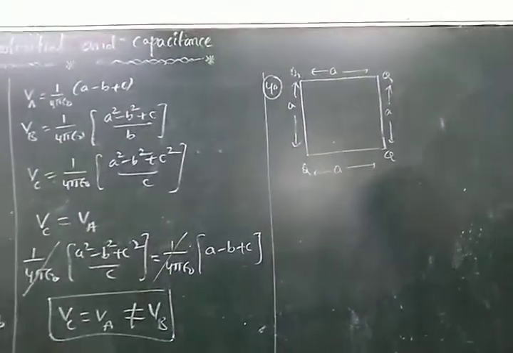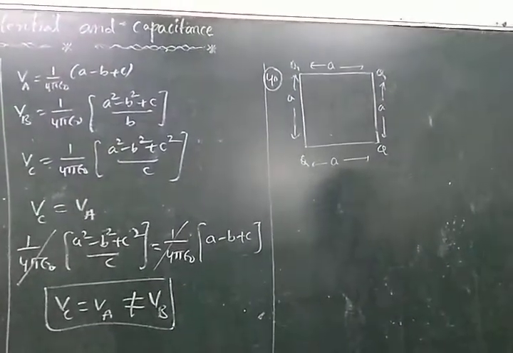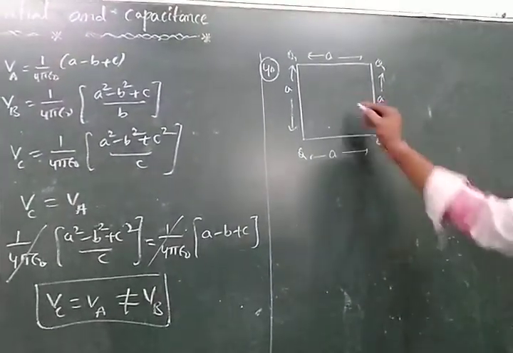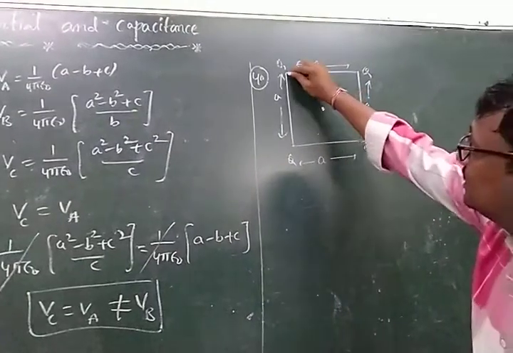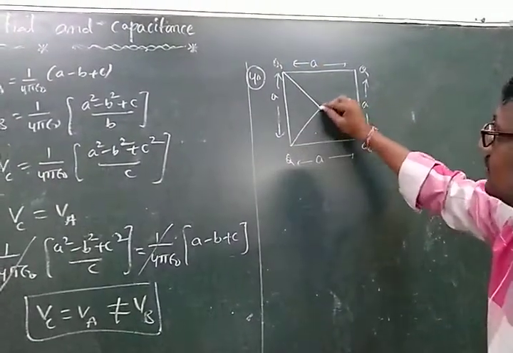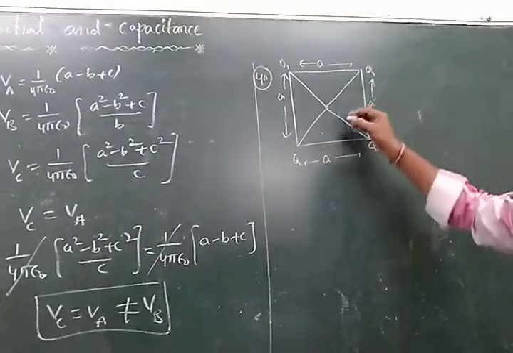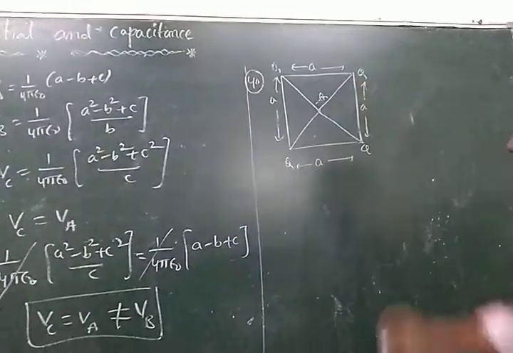Find the work done in moving the negative charge from the center of the unit. Here you can find the center, with charge minus q.